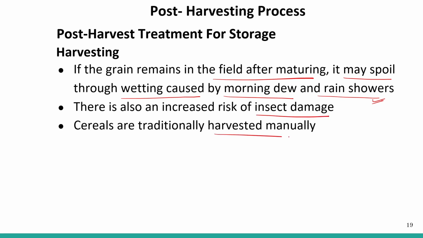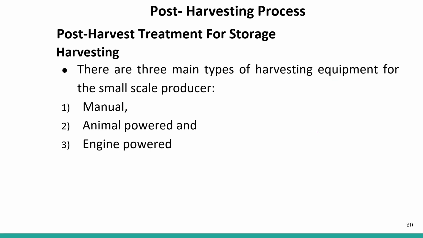Cereals are traditionally harvested manually. There are three main types of harvesting equipment for the small scale producer. So we can have different methods for the small scale producer, that is the manual method, animal powered, and even engine powered method.